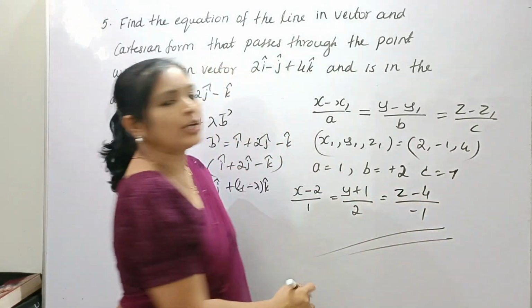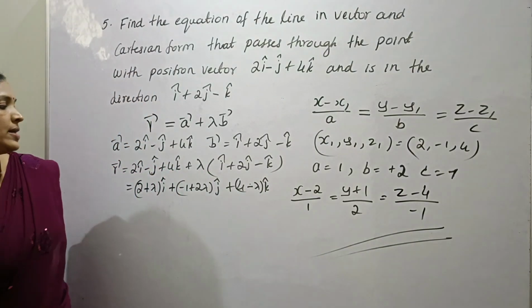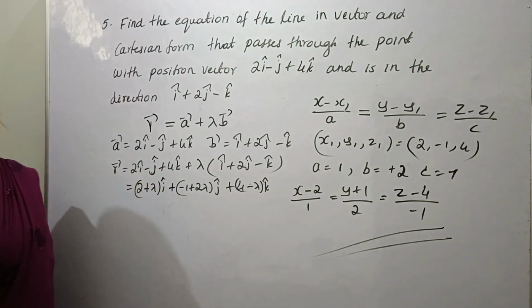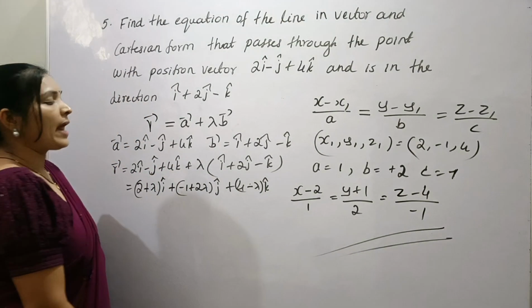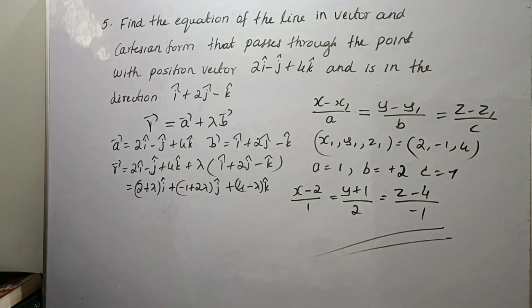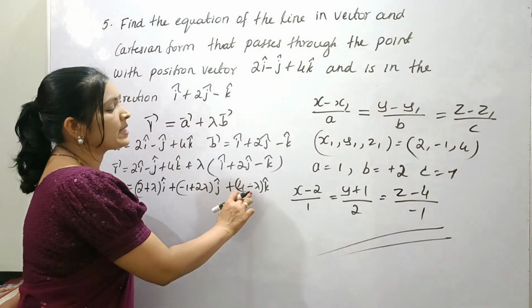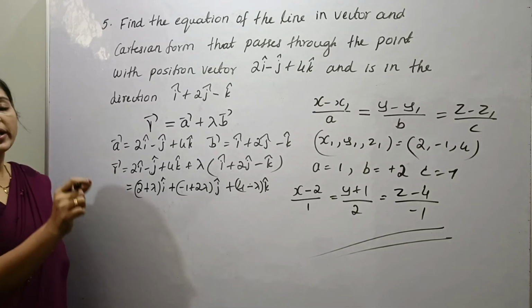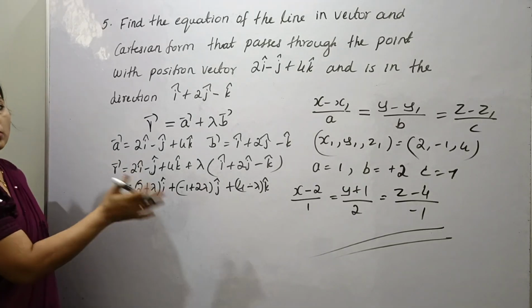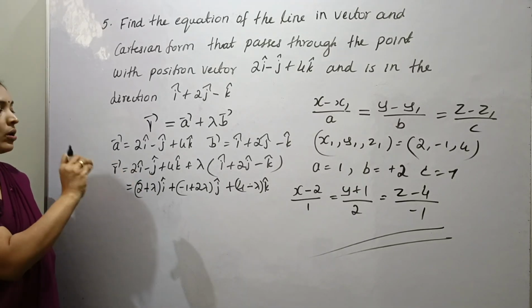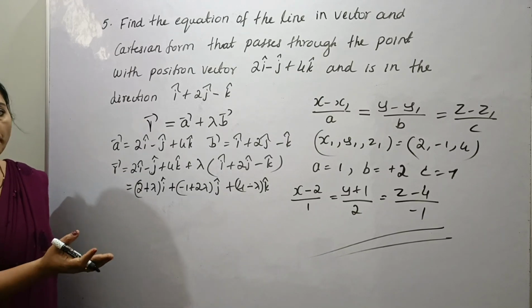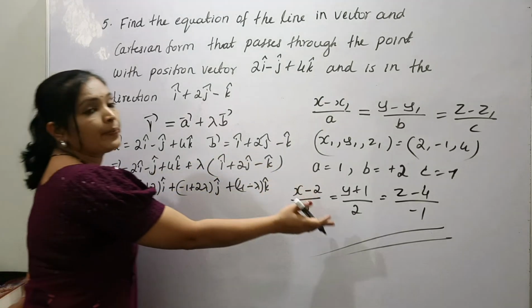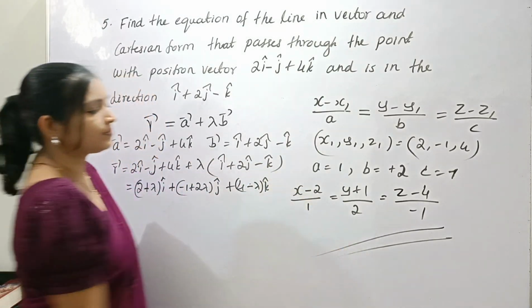So it is the Cartesian equation of the line. And the vector equation is vector r equal to (2 + lambda) i + (−1 + 2 lambda) j + (4 − lambda) k. If you substitute vector r equal to xi + yj + zk and compare the coefficients of the corresponding components, you will get the same Cartesian equation.